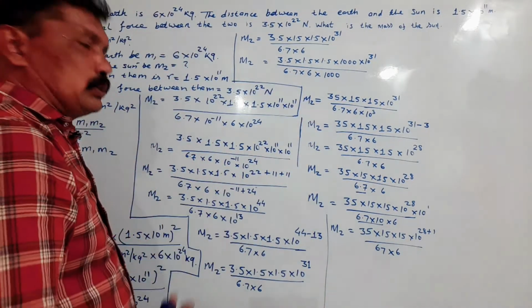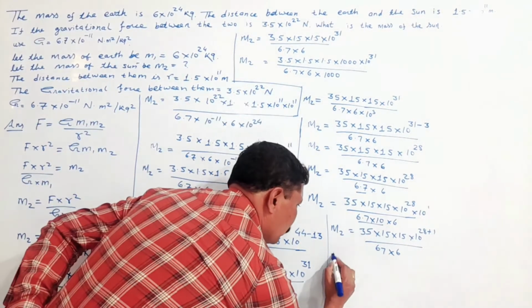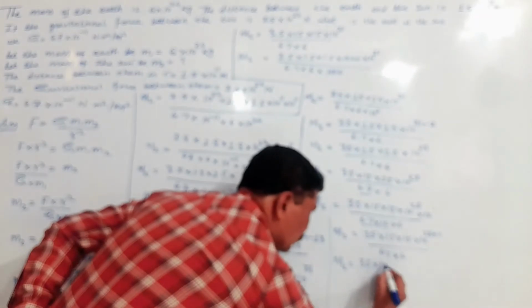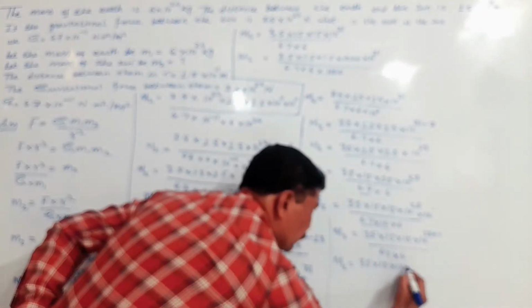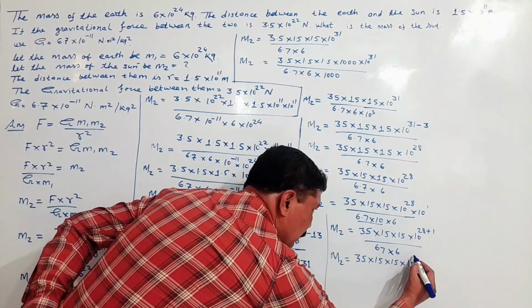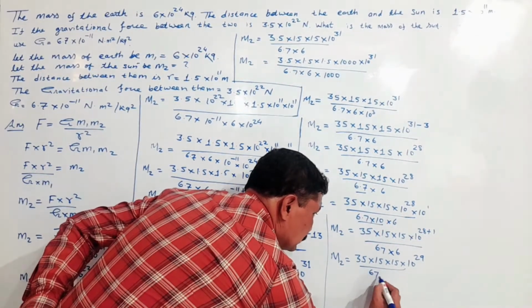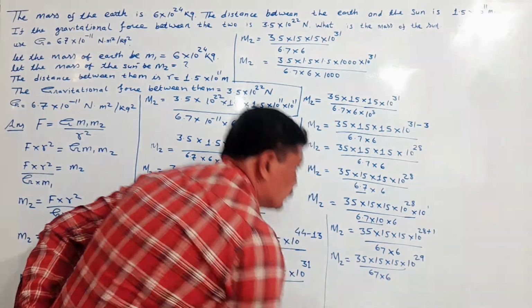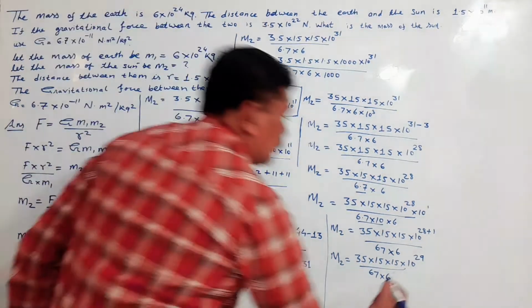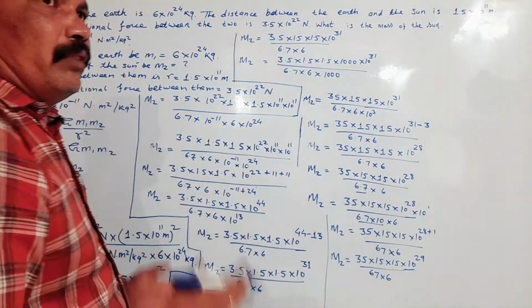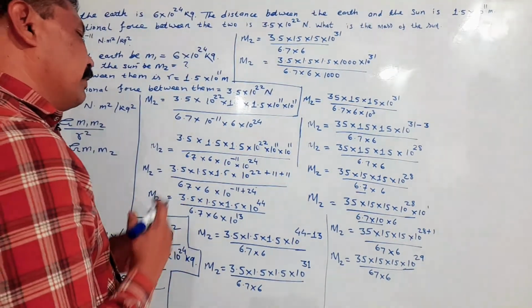Now my dear student, here we can do one thing. M2 is equal to 35 into 15 into 15 into 10 to the power 28 plus 1, 29 upon 67 into 6. Here my dear student, now the point is removed and we have also made it very simple.